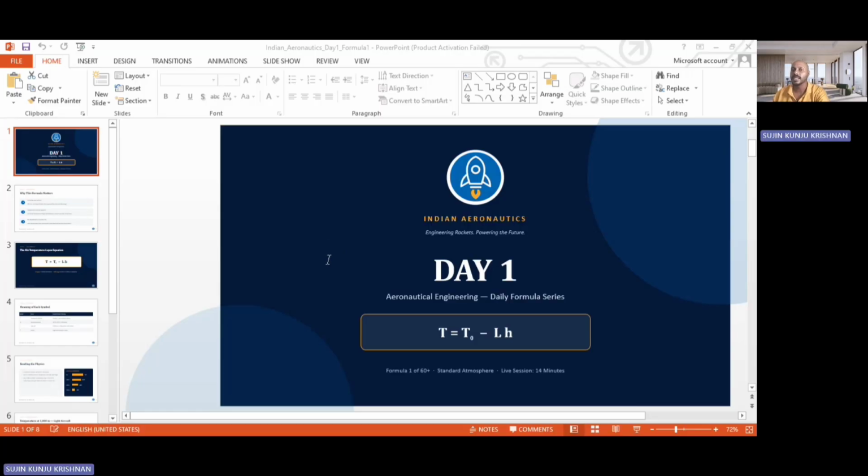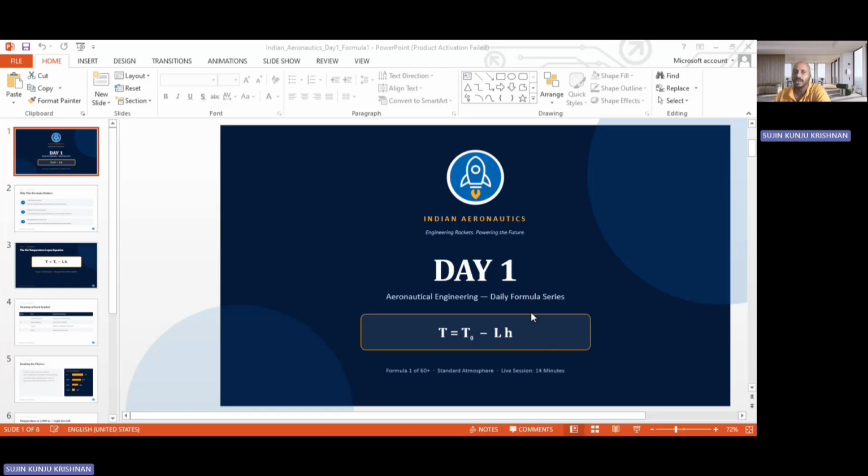Here it is, the ISA temperature lapse equation: T equals T0 minus L times H. Let's break down every symbol, because in this series we never memorize blindly.